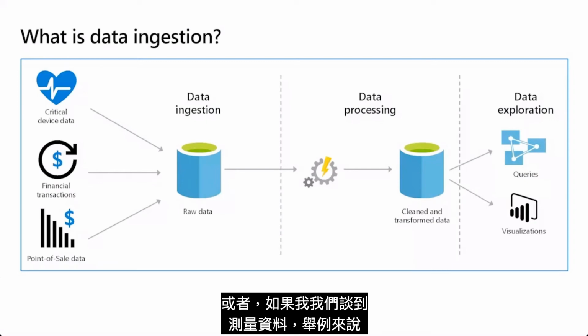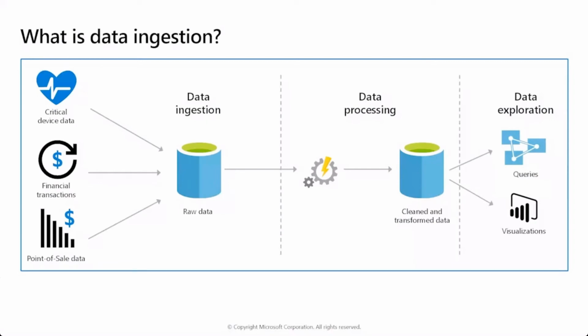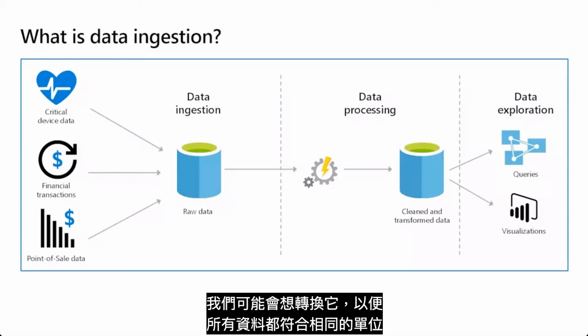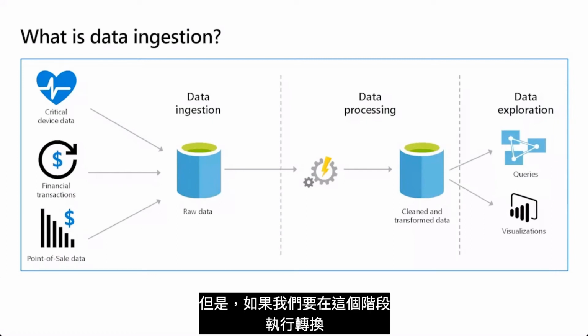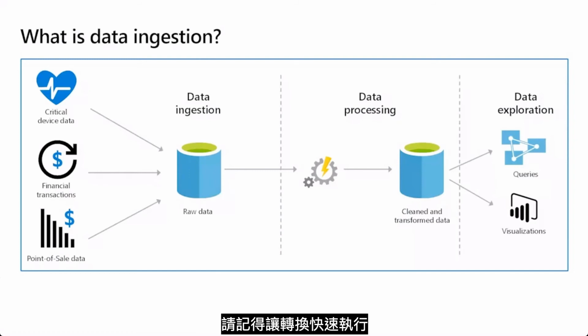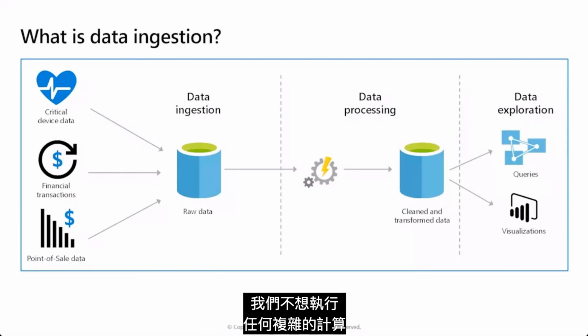Or with measurement data, we might want to convert it so that they all conform to the same metrics. But if we're doing transformation at this stage, remember to keep it quick. We don't want to run any complex calculations or aggregations during the data ingestion stage. If you do need to, then store the data first and process it later.